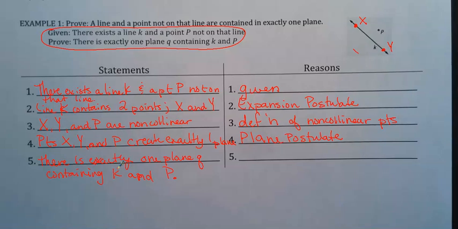Okay, because we've got points X, Y, and P in the same plane, and my flat plane postulate is pointing out if 2 points lie in a plane, then the line containing those points lies in the same plane. Now, since X and Y are in that plane, the line containing the points, which is line K, lies in the same plane.